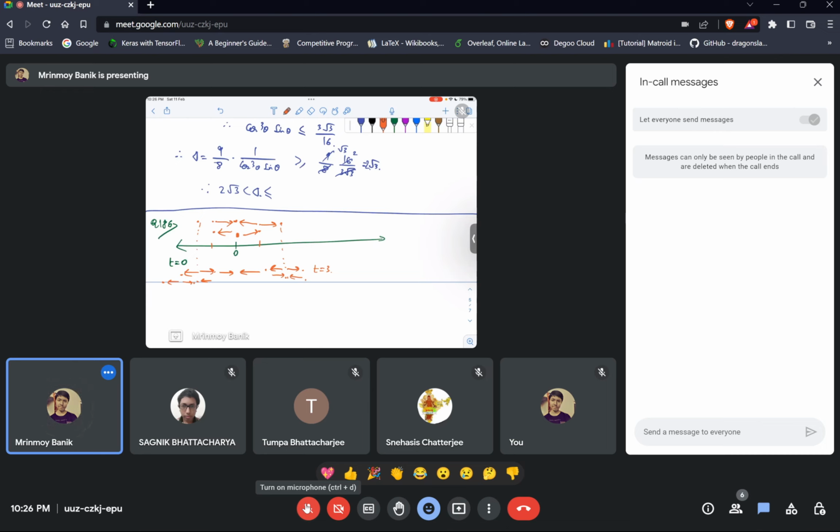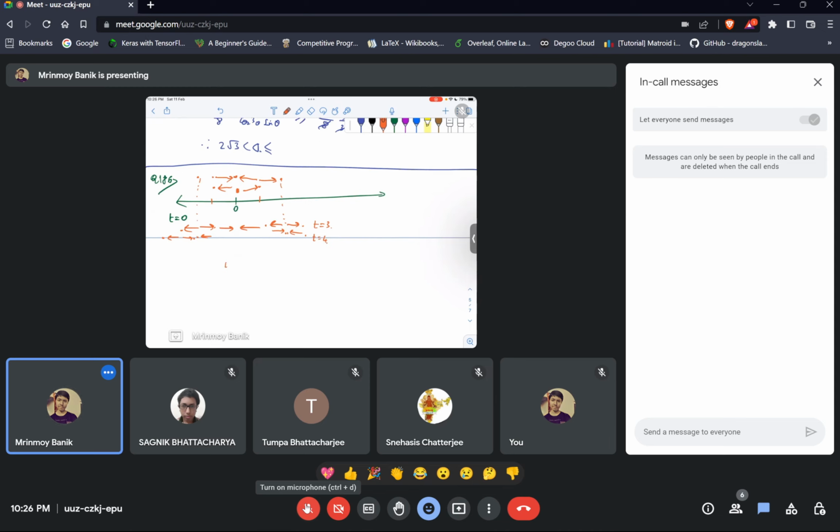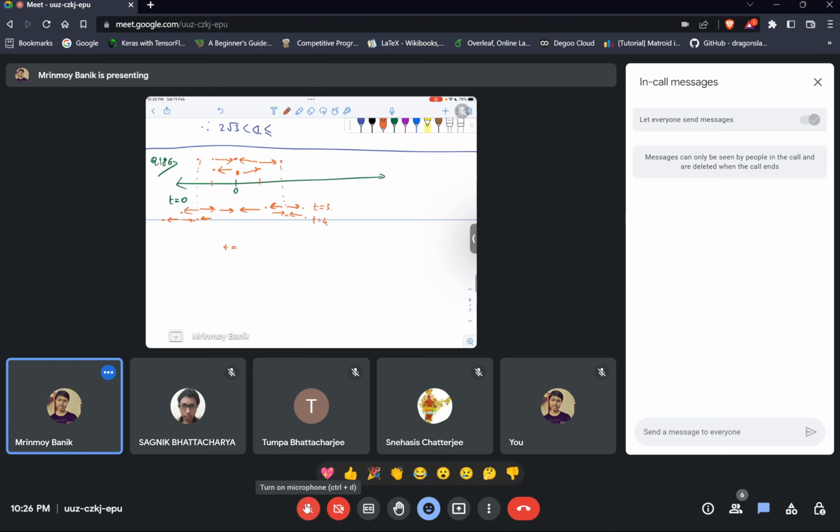So you can see a pattern. At t equals to, what do we start with? So we had a particle at 0 position on the number line. And t equals 1, they divided into 2. Right. So at t equals 1, the number of particles were 2.